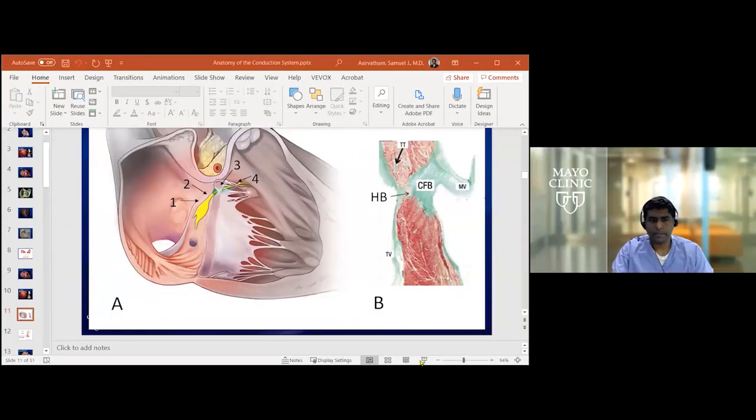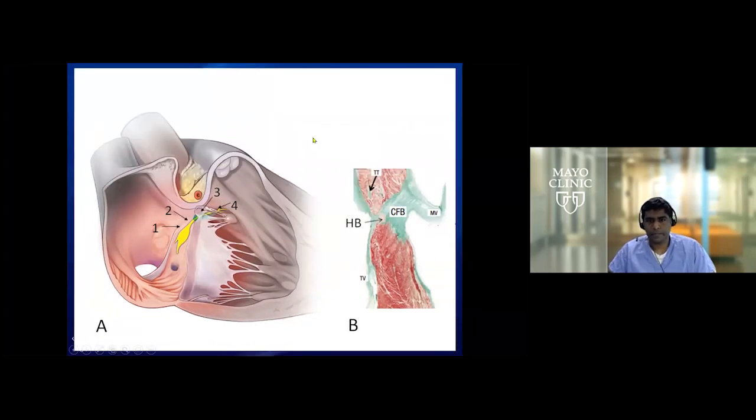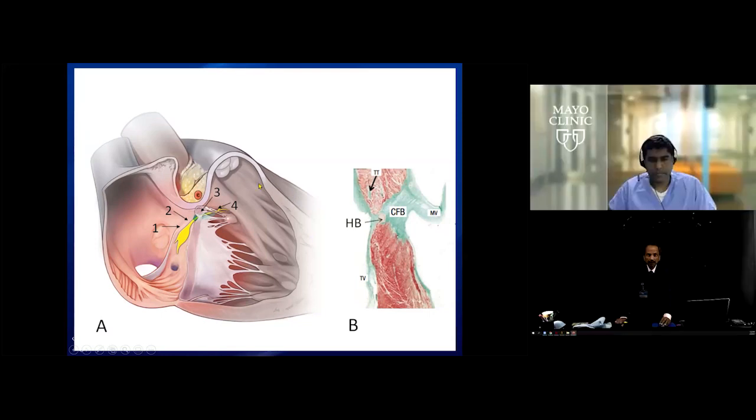So this is, I think, a key image for all of us to keep in our mind when we're thinking about pacing for the conduction system. First of all, there are lots of terms in this region: membranous septum, His bundle region, atrioventricular septum, pacing the conduction system without crossing the tricuspid valve.